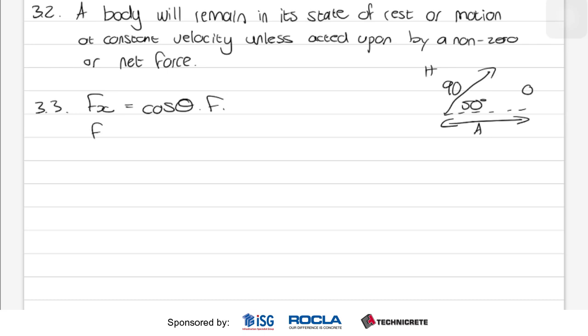So we would have Fx is equal to our force times cos theta, so 90 times cos 50 is equal to, if you put that into your calculator, 90 times cos, and then in your brackets 50 degrees, you should get 57,85 newtons. Here again, they only ask you for your magnitude, so you do not need a direction. If they did want your direction, it would be to the right.